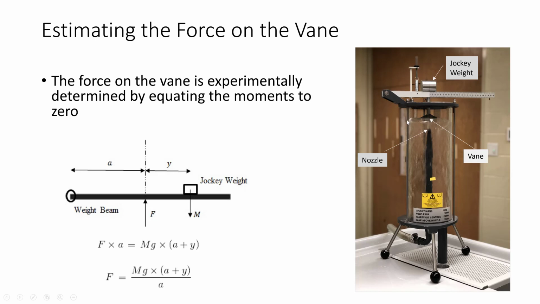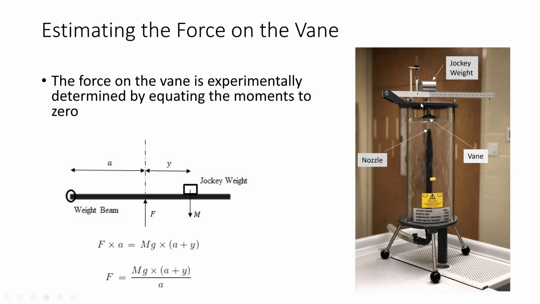It hits the vane and then moves away, perpendicular, or normal, to the direction of the flow. Because of the force of this water, the vane starts to move up. And what we do is we counterbalance that force using a jockey weight. So we move this jockey weight until this cantilever scale is back to being parallel to the ground surface.